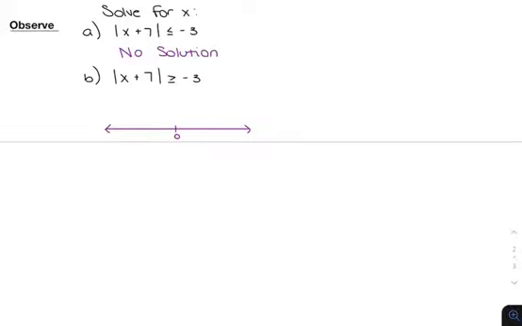Now take a moment and think about whether or not the absolute value can be greater than or equal to a negative number. In this playlist, I haven't talked about graph function transformations, so I'm going to use a line graph just to give you guys a visualization of what this kind of means. So we know that the absolute value makes everything positive.